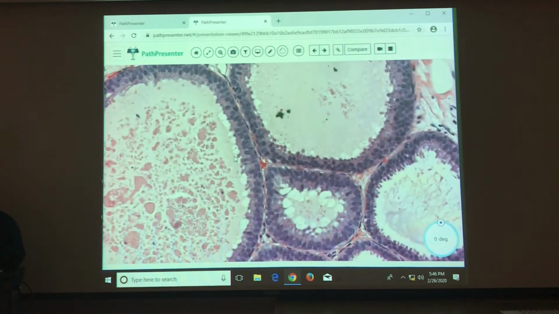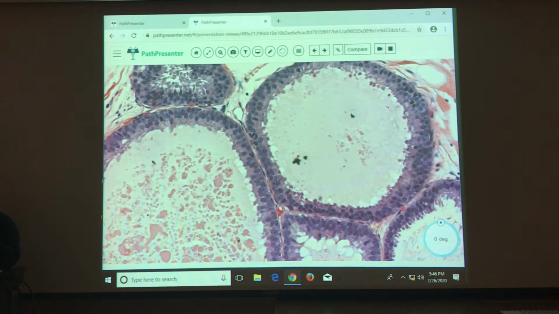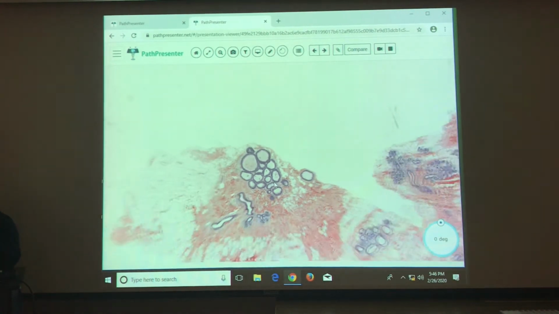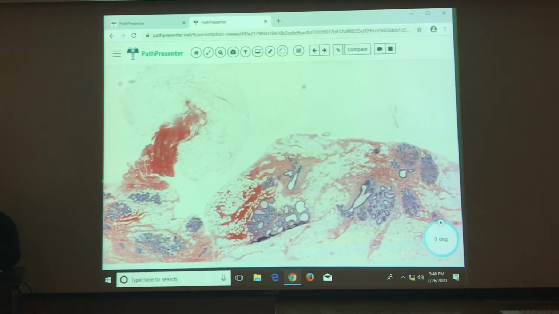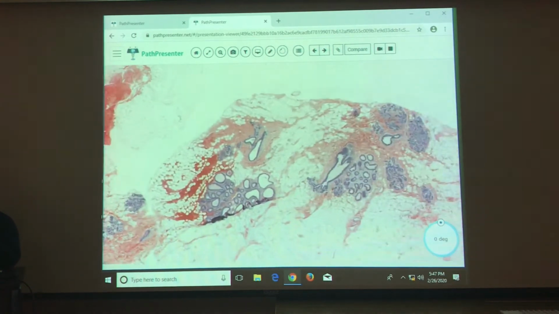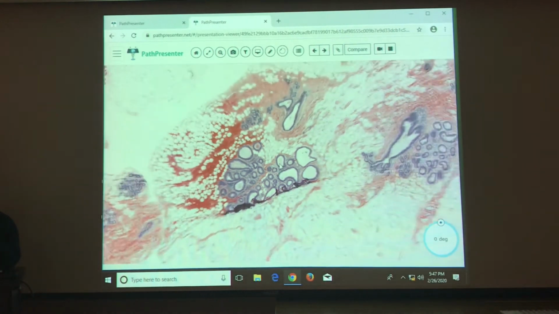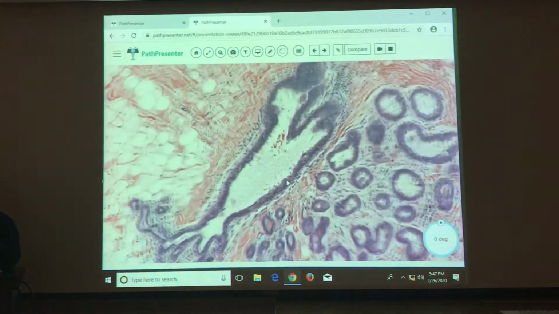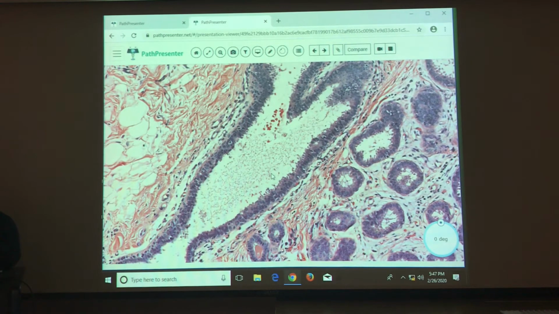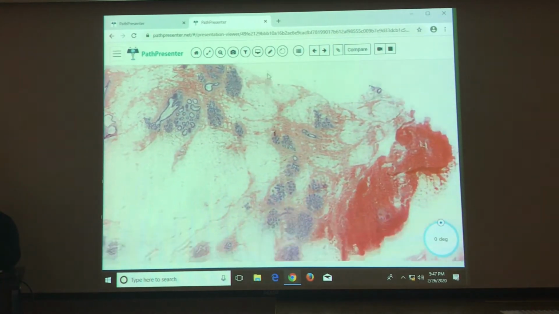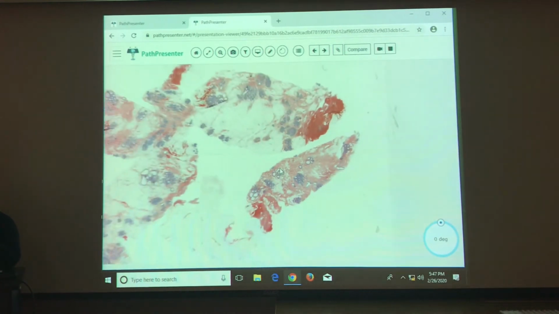Okay. Maybe some columnar cell hyperplasia, since there's some multiple layers of cells. Maybe. I don't know, it's all the same. Some are dilated ducts. Okay. I don't see much in there. Just zoom out.